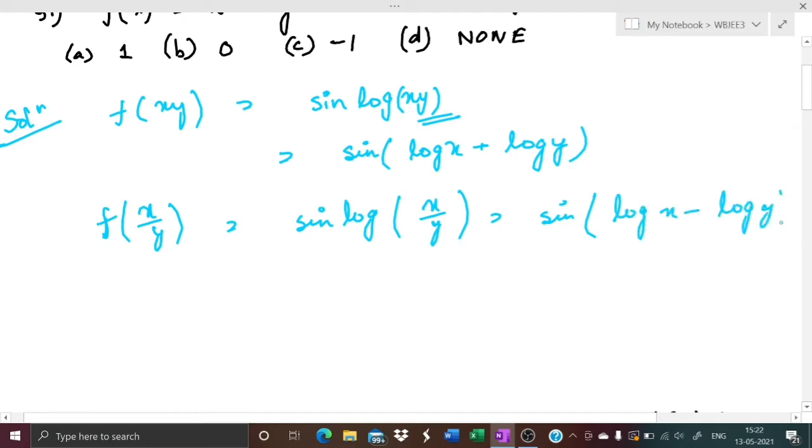Now if we add these two, then what we will get?